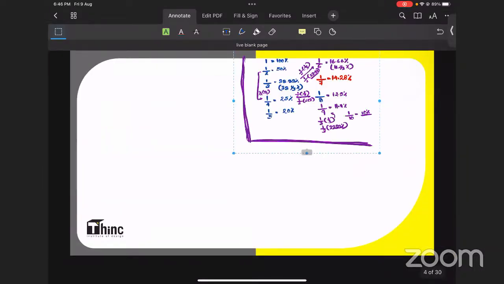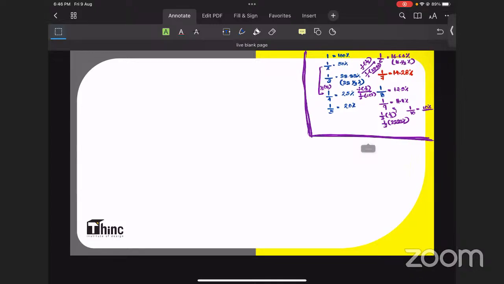So you can solve a question like 36.66% of, what value shall we take? 630 or 720, we can choose. 720. 36.66% of 720. You can put your responses in the chat.